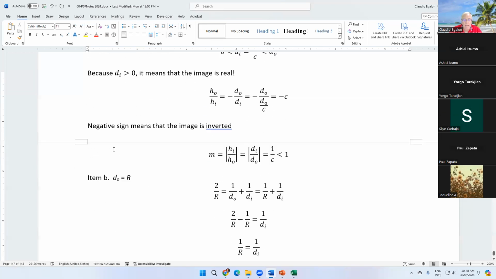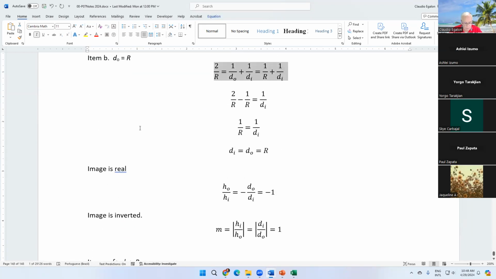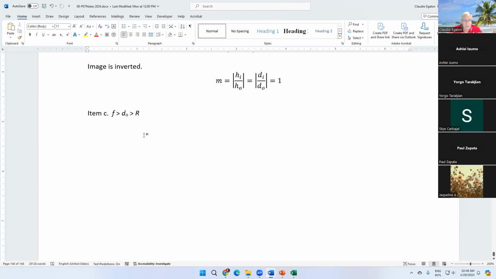We go ahead and analyze this equation again, right? So here we go. Less than R, greater than F. Now it's all, let's see. No, it's all the way around, right? Like that.